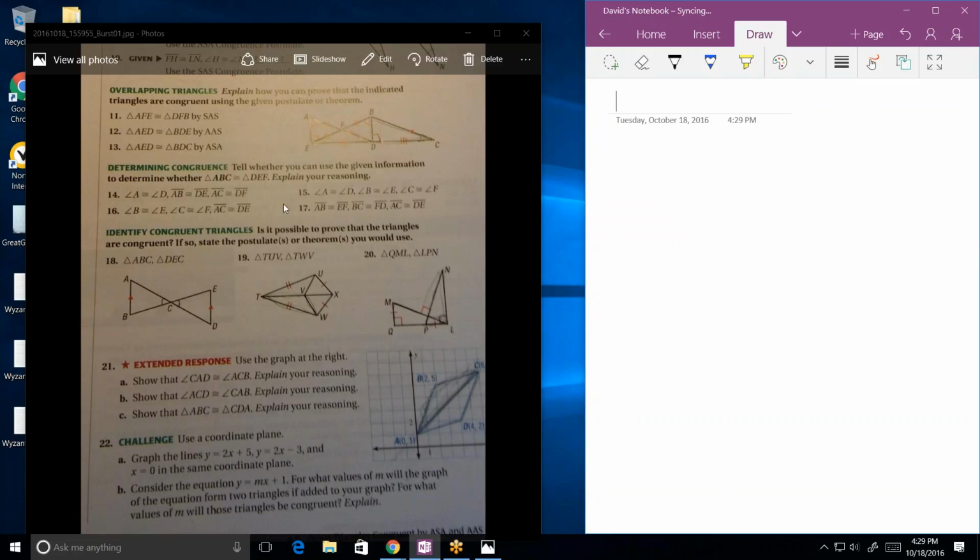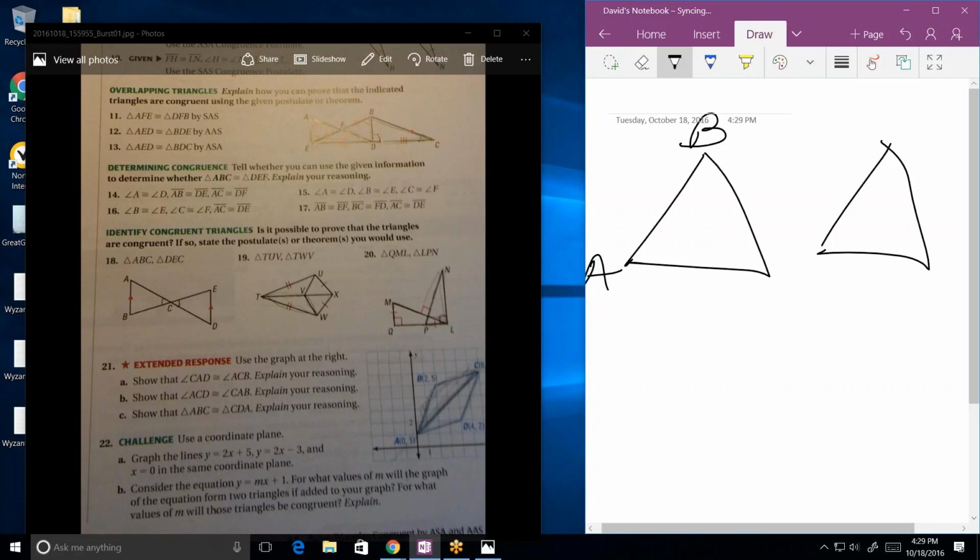Now, are 14 through 17 referring to this picture up here? No. Okay, this is just two different triangles. Know whether you can use the given information to determine whether ABC equals DEF. Okay, I got you. Let's draw ABC and let's draw DEF.